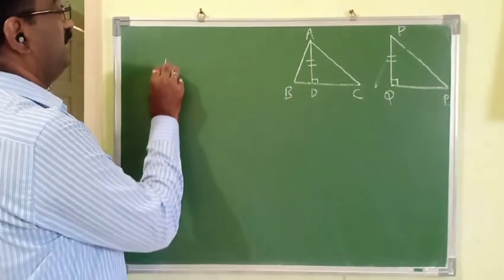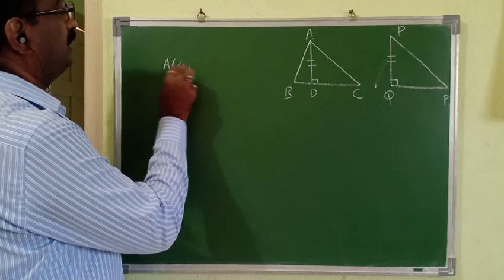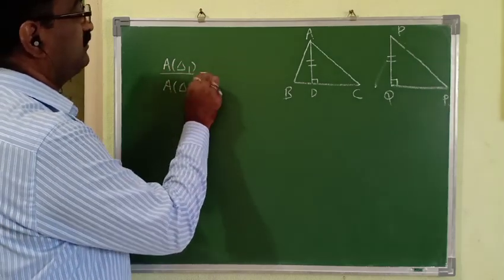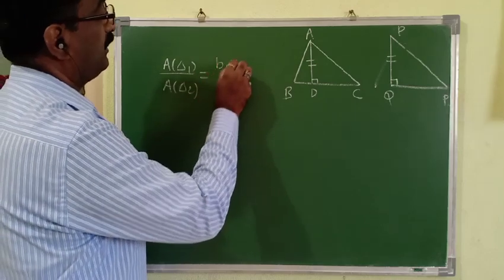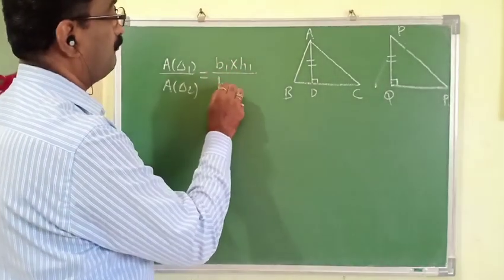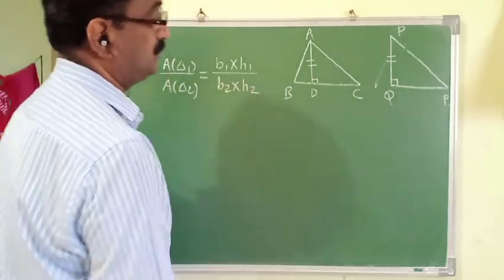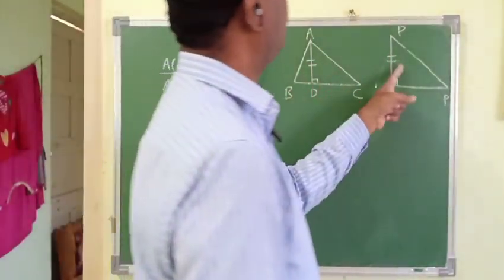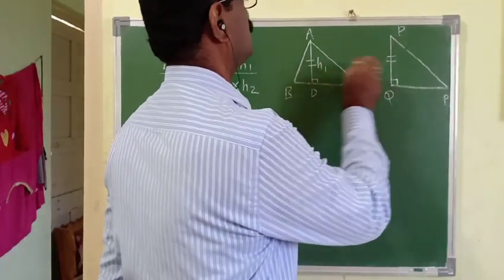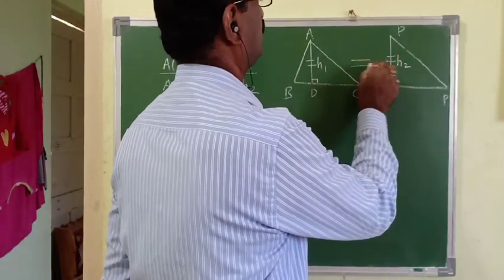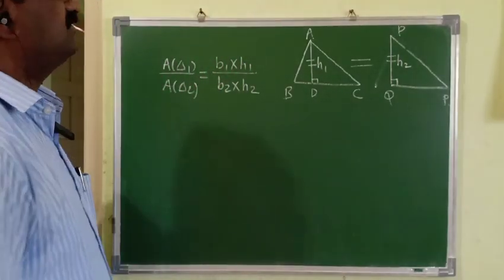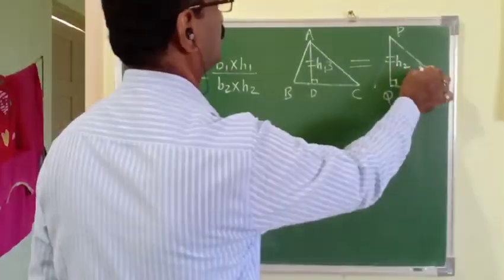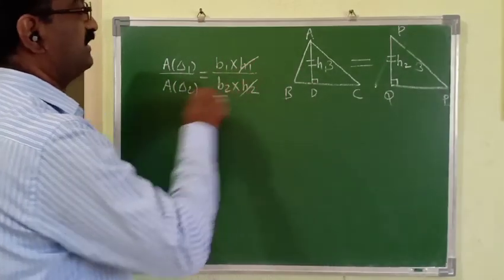We know that area of triangle 1 upon area of triangle 2 is equal to B1 into H1 upon B2 into H2. Now here in these two triangles, their heights are same. These H1 and H2 are equal. Since H1 and H2 are equal, suppose this is 3, this is also 3, that means H1 and H2 get cancelled.